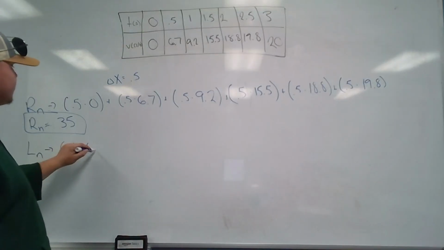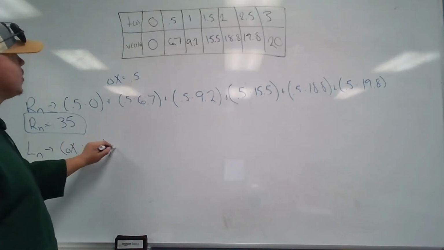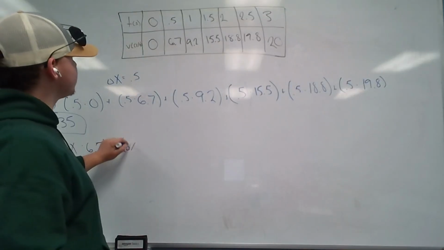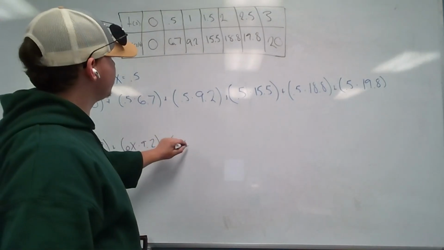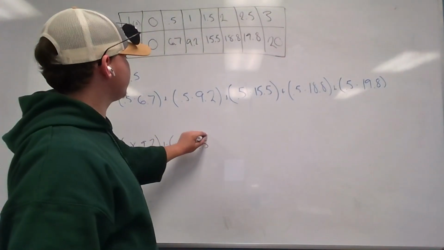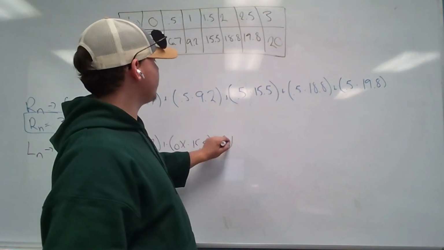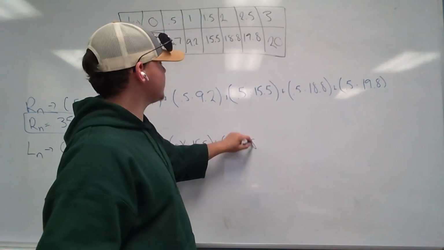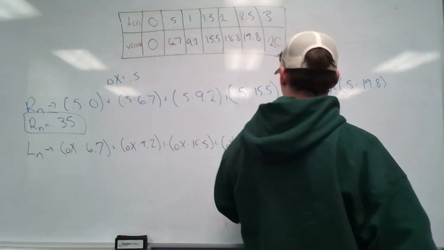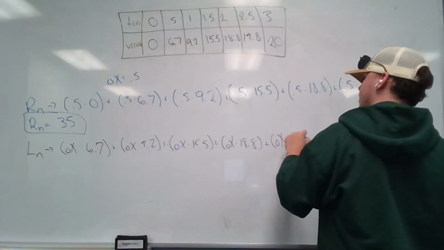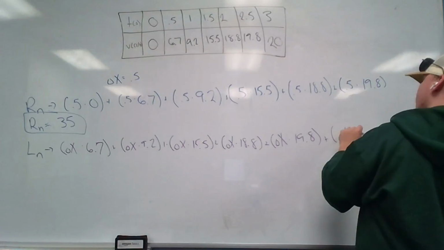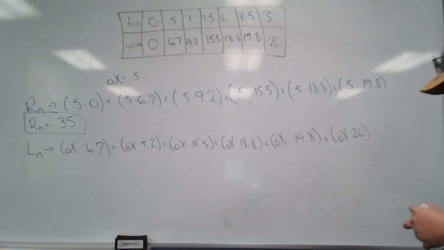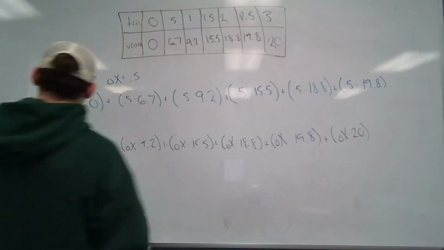So 0.5 times 6.7 plus 0.5 times 9.2 plus 0.5 times 15.5 plus 0.5 times 18.8 plus 0.5 times 19.8 plus 0.5 times 20. This, I already added up just before, is going to give us a value of 45.